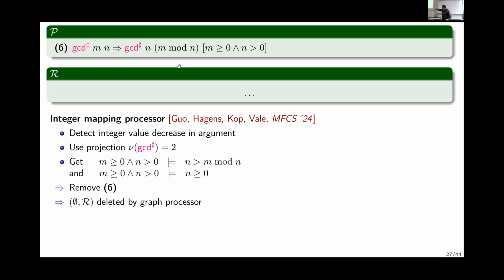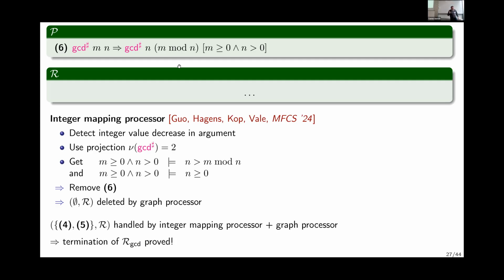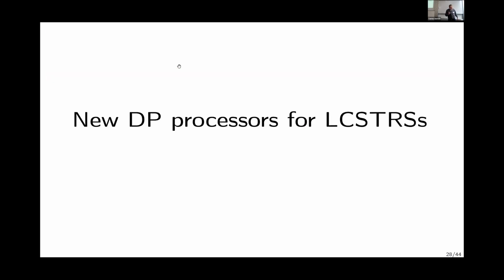If the constraint holds, then it is the case that N is strictly greater than M modulo N, and N is also bounded from below by 0. So that again gives us a valid termination proof. And the third DP problem can be handled similarly. So our running example, we've proved its termination.